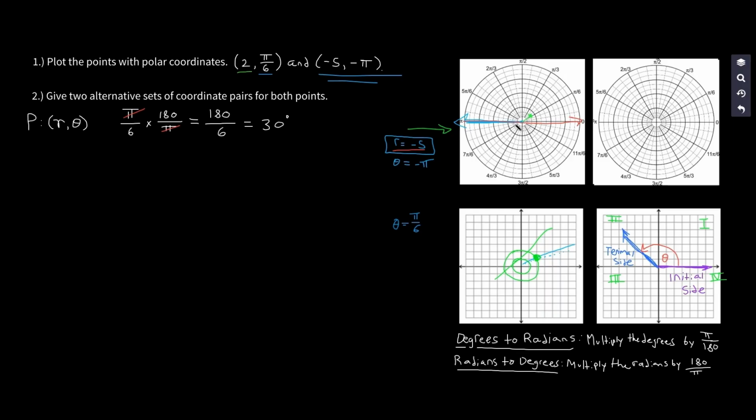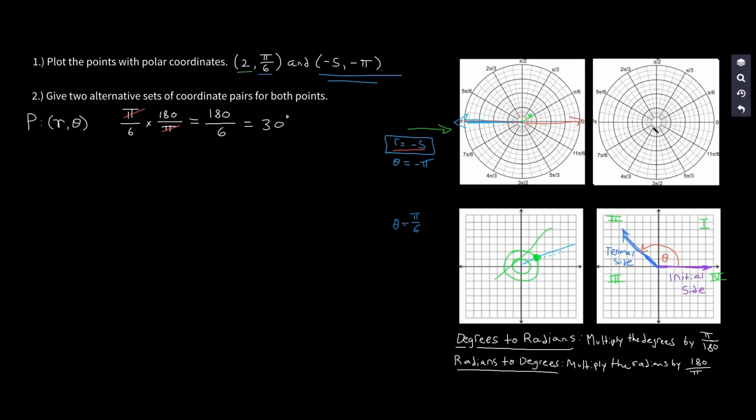Along this line here, starting out from the pole, we're going in the positive direction because we've rotated clockwise, because it's a negative pi, rotated clockwise, all right? We're facing out along this way, but now we're going to turn around and we're going to walk this way because the r is -5.